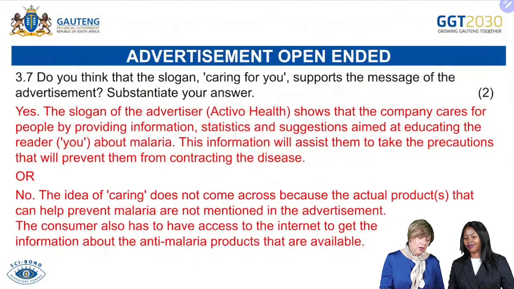But remember, when you answer the question like this, you have to say you agree or you don't agree, or yes or no. So take your stand and defend your point of view. Focus your answers on the text. So here you have options that is available to you. But so we could have said no.